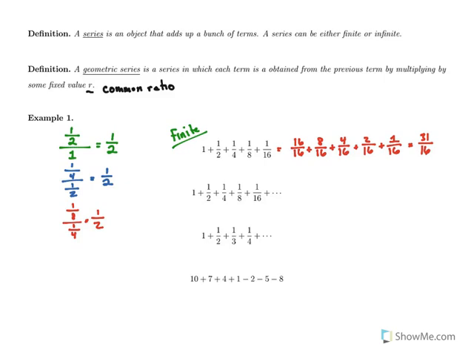So what we're doing to get from one term to the next is multiplying by 1/2 each time. And then I'm adding those things together. And because I am multiplying by the same number each time, we say that this r value is 1/2. And this is a geometric series.